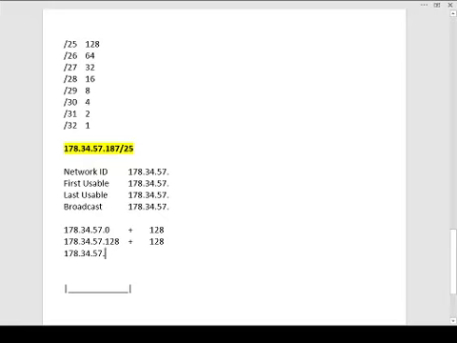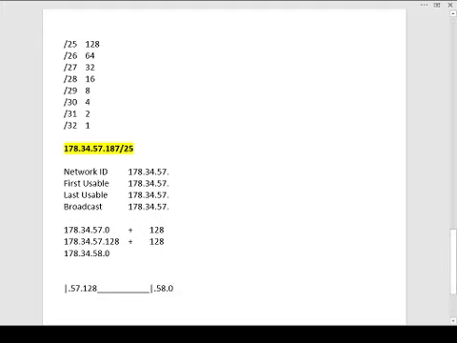When you roll over, instead of using 256, you go to the next network ID. So it's going to roll from a 57 to a 58, and you're going to go to a .0. And now the 187 falls in this range. So you're going to have over here a .57, .128, and out here a .58, .0, okay?